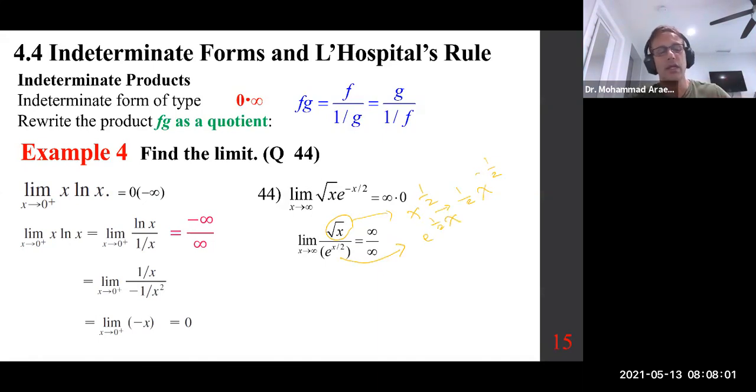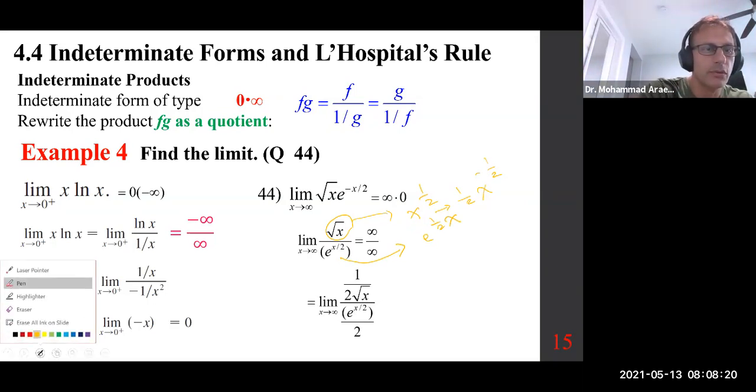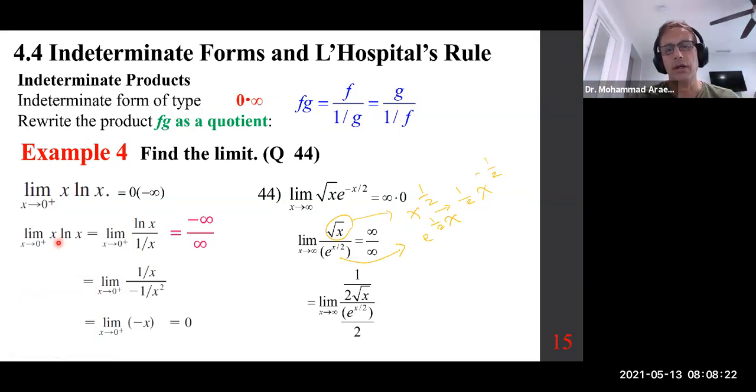We notice the exponent is half of x, which means the coefficient of x is 1/2, and that makes it easy to differentiate. The derivative of that is e to the power of 1/2 x times 1/2. I hope everybody's clear on that.